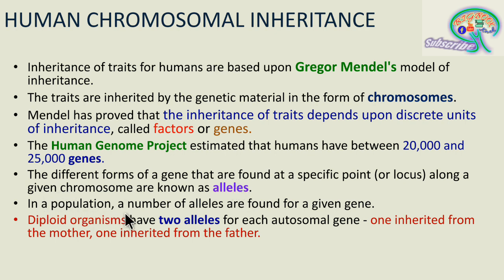In a population, a number of alleles are found for a given gene. For example, if you consider straight or curly hair in a population, the hair structure will be straight or curly. Within the population, there will be two alleles of the same gene, but they may express a little differently from another individual.